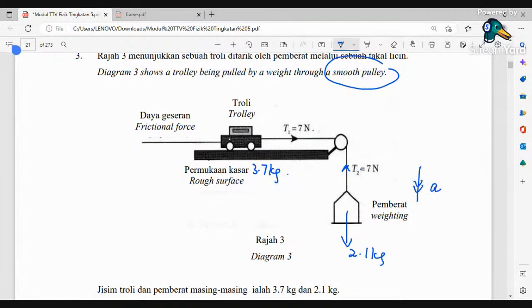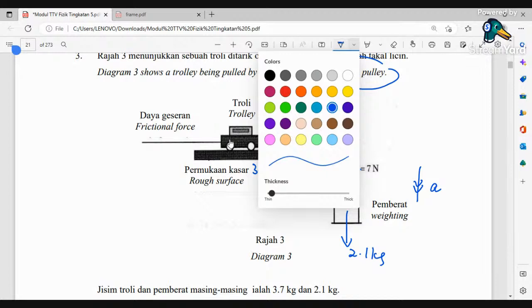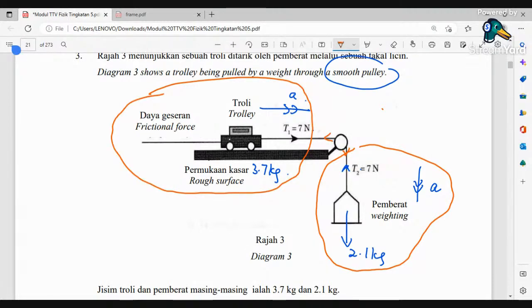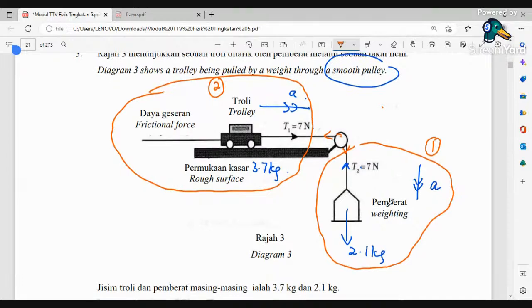This one is moving down, this one is moving horizontally, so we can use the technique of separate body systems. So this one is one system, this one is another system. For the pulley, there's nothing we can determine because there's no resultant force on the pulley. I don't know the friction, so I will use the first system.